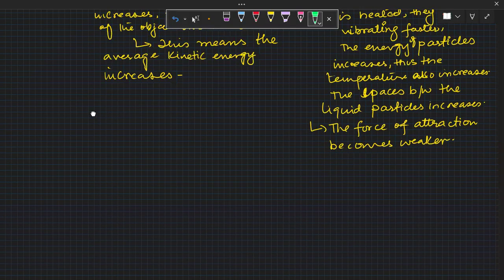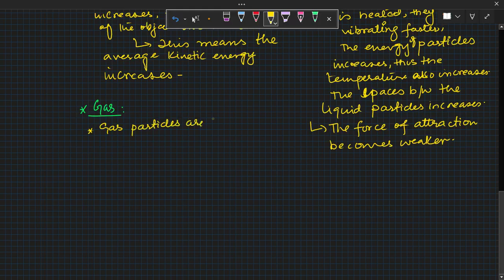Now we talk about gases. What happens with gases? How are the particles arranged? Since we know that particles are far apart, gas particles are far apart from one another.